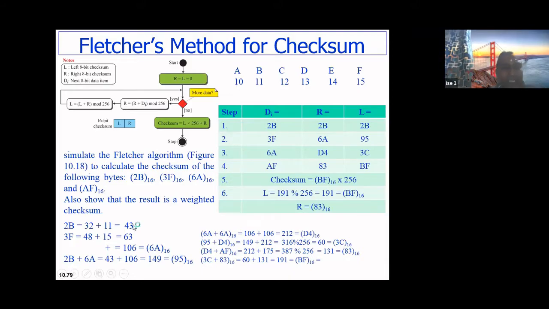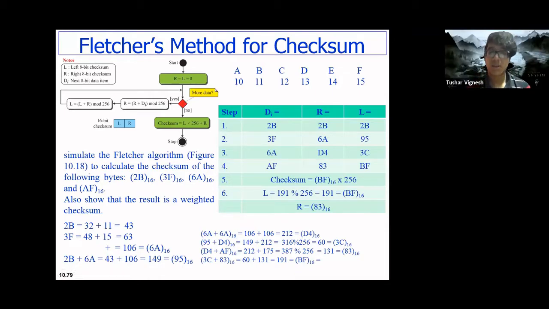So 43 means what I'll be getting here will be 2b only, which is 43 as it is. So when this is added, 0 plus 2b is equal to 2b, and since 2b is 43 mod 256, it is 43 itself. So I'll be writing 2b. Have you understood till this level?